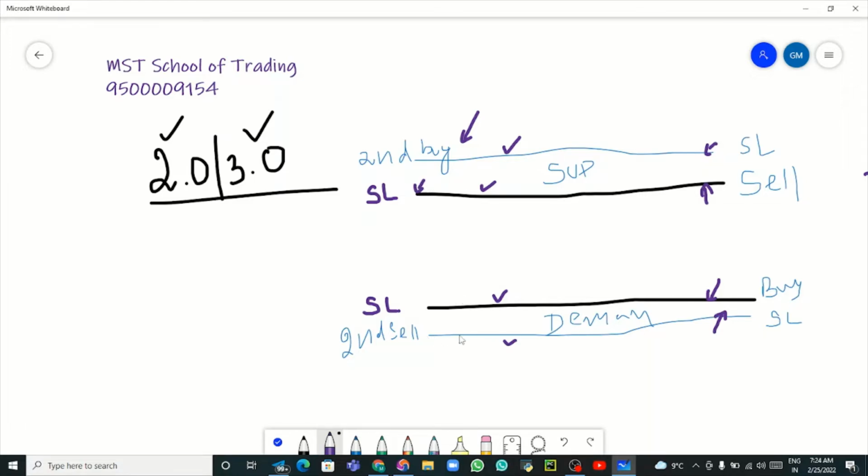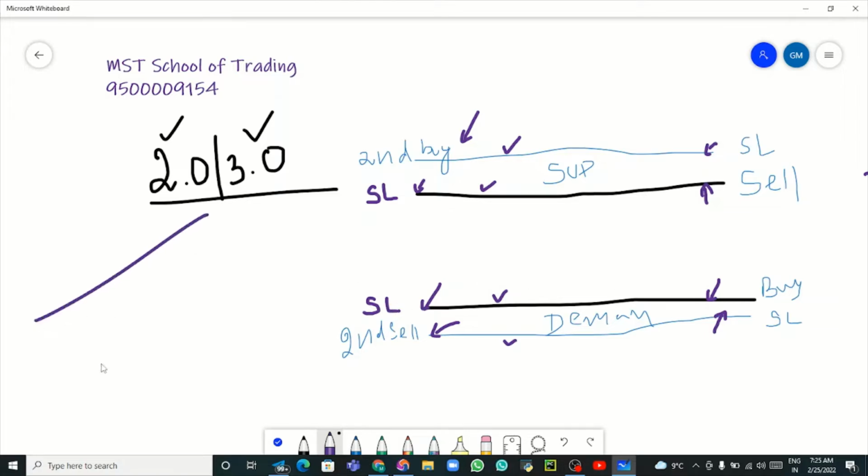Similarly, the first buy SL will be the second sell entry and the first buy entry will be the second sell SL.